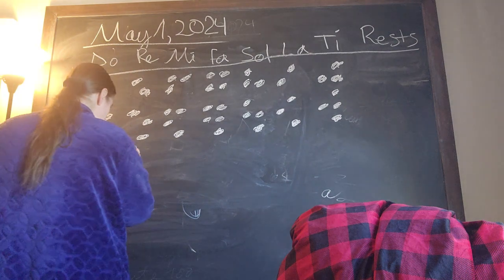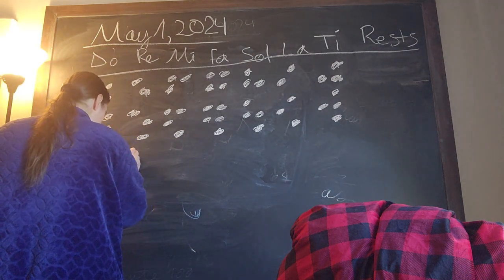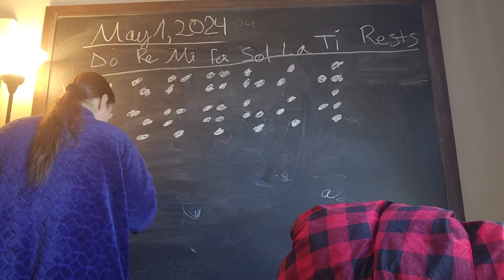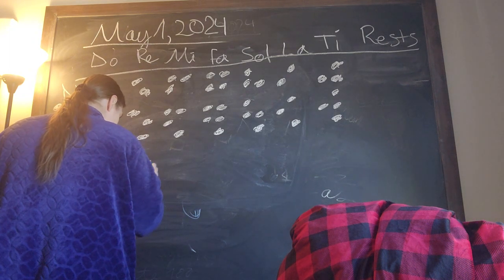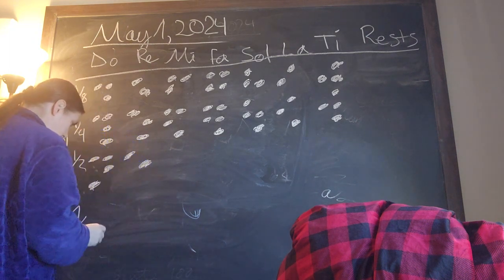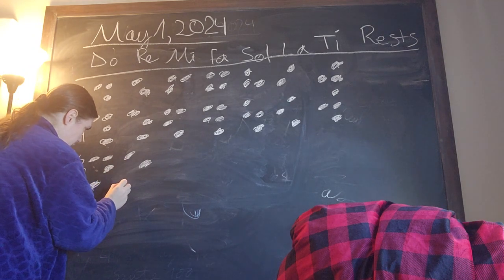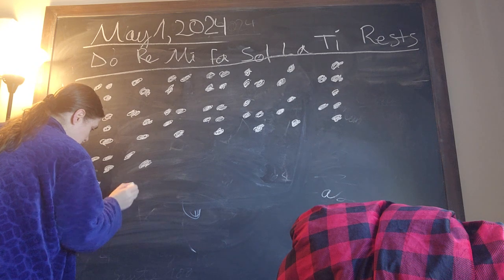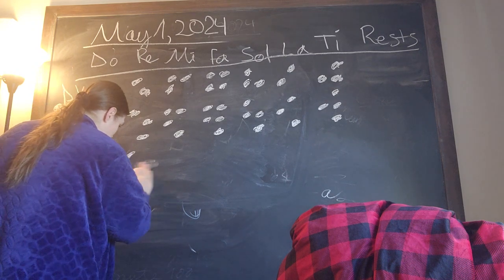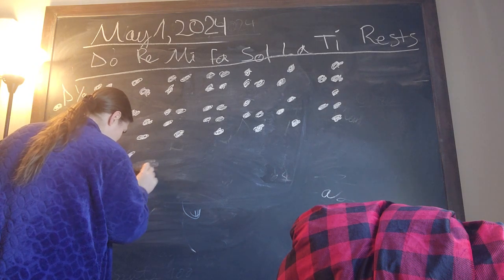And then with your mi or re, you make a dot 1 and 5, and then you add dot 3. Again, this is all freehand, so it's not going to be precise.